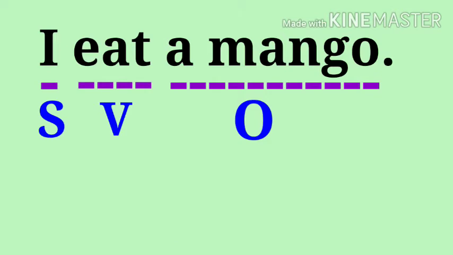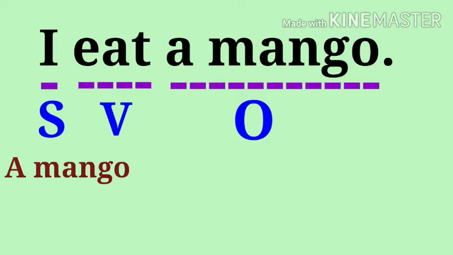Understand? Now we have to start your answer. See, while writing passive construction, first of all you have to start with object. And what is the object in our given sentence? A mango is the object. So you have to start your answer with a mango. And then afterwards you have to identify the tense from the given sentence.